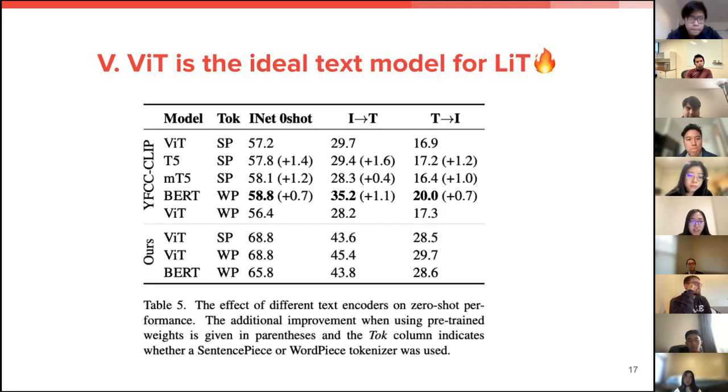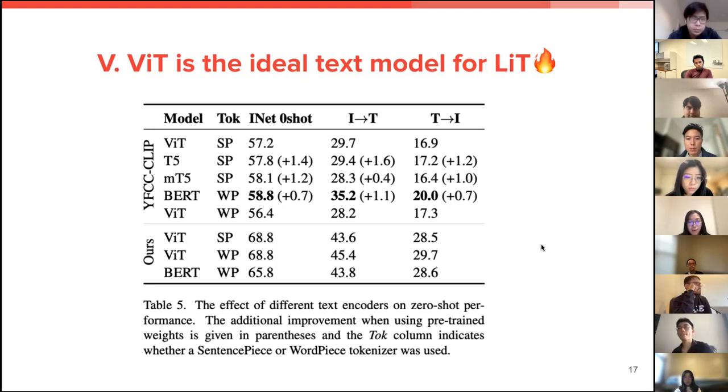Okay, so next, after exploring the ideal image model, they also explored the ideal text model to use. So they trained ViT-based BERT along with other transformer-based text models on the YFCC dataset and their large private dataset. Here the numbers are presented in accuracy with randomly initialized weights. So 57.2 and 57.8 are all randomly initialized weights.